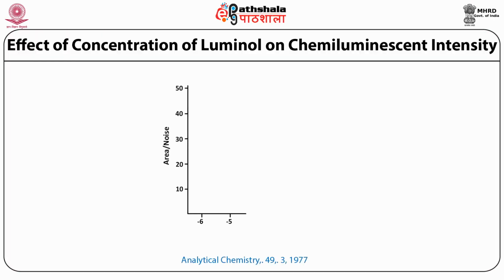Here we can see a graphical representation of the effect of concentration of luminol on chemiluminescent intensity. In the graph, on the x-axis we can see the log concentration of luminol against the area to noise ratio of the signals obtained from it.